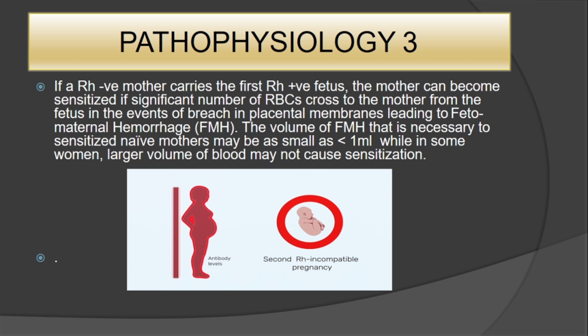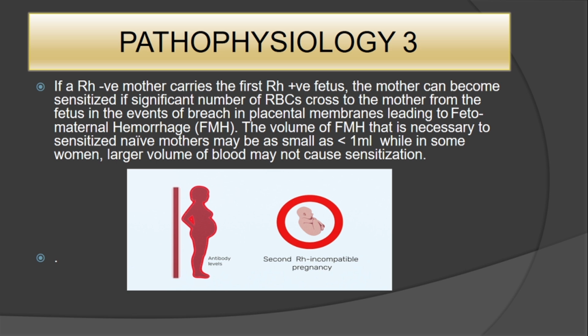And here we are talking about fetal-maternal hemorrhage. That means the mother receives blood from the fetus. Usually throughout pregnancy, red blood cells can cross from the fetus to the mother, but usually they are not enough to cause any significant problem.